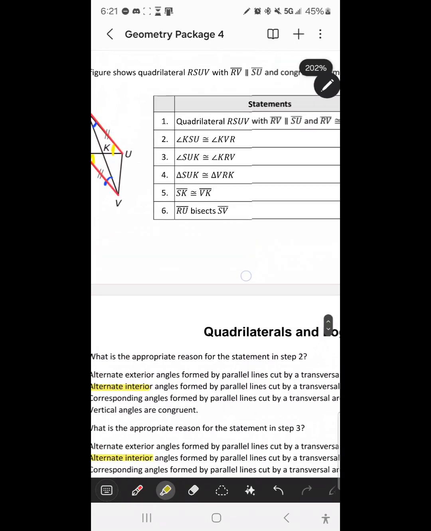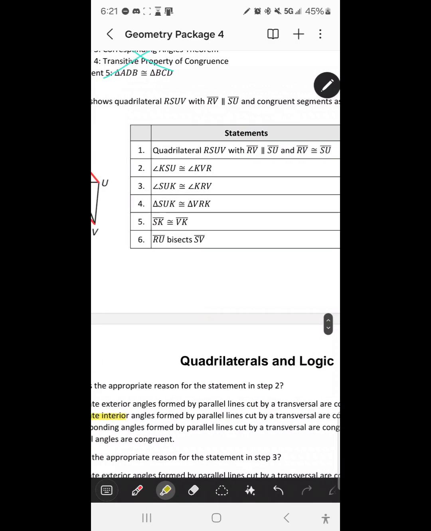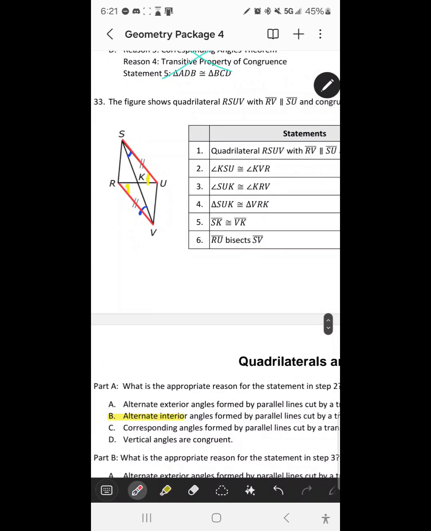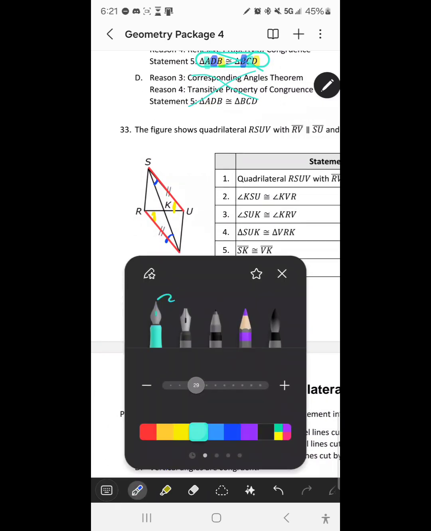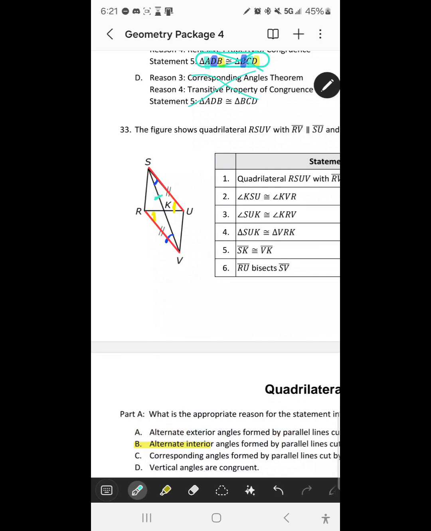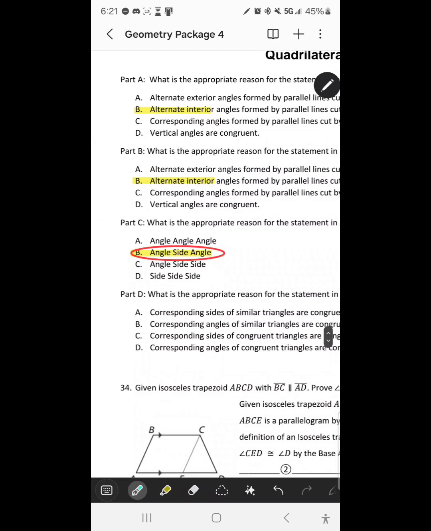Now part D. We have two sides that are going to be established as equal. So it's going to be SK equal to VK. So that's for CPCTC. Corresponding parts of congruent triangles are congruent.